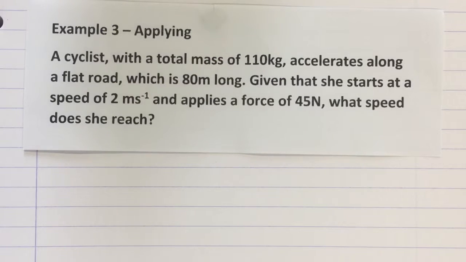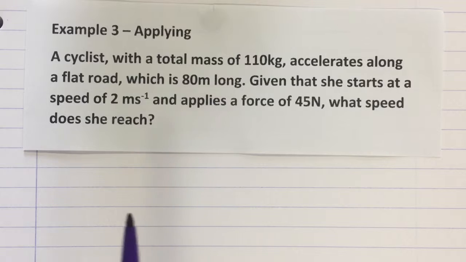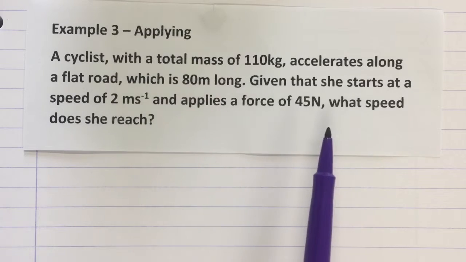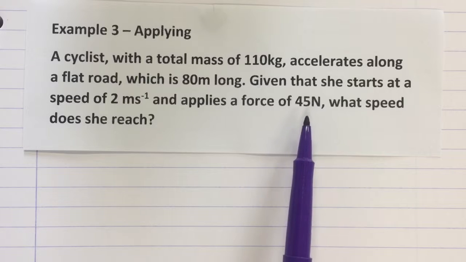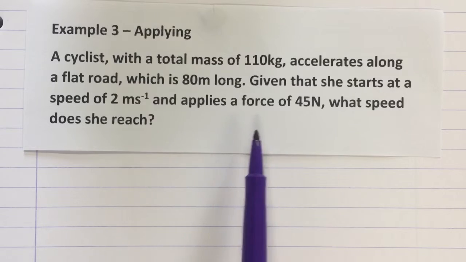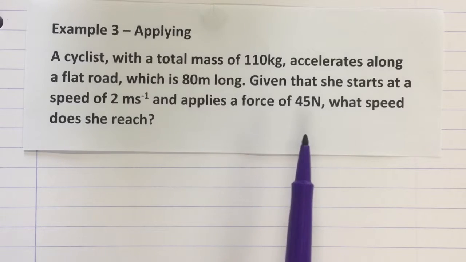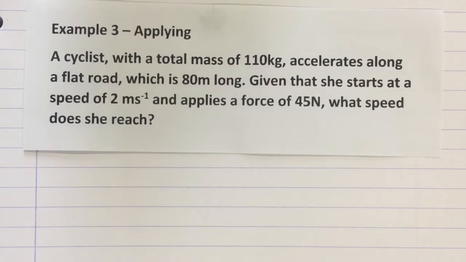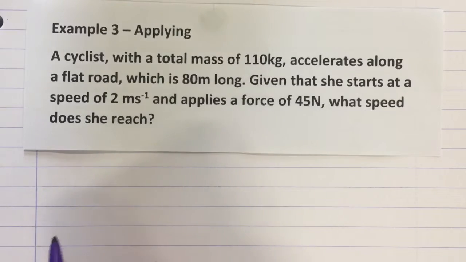The final example I'm going to look at is more of an applying situation, so it's bringing a couple of the areas together that we've done. We've got a cyclist with a mass of 110 kilograms accelerating along an 80-meter stretch. We've got an initial speed and we have a net force. So we're not talking about resistances and force from the cyclist, it's just an overall net force in this question. As with any good mechanics question, the way to start is with a diagram.